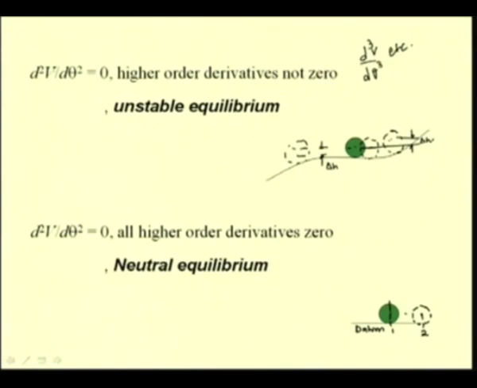For a multiple degree of freedom system, we can formulate this as follows.